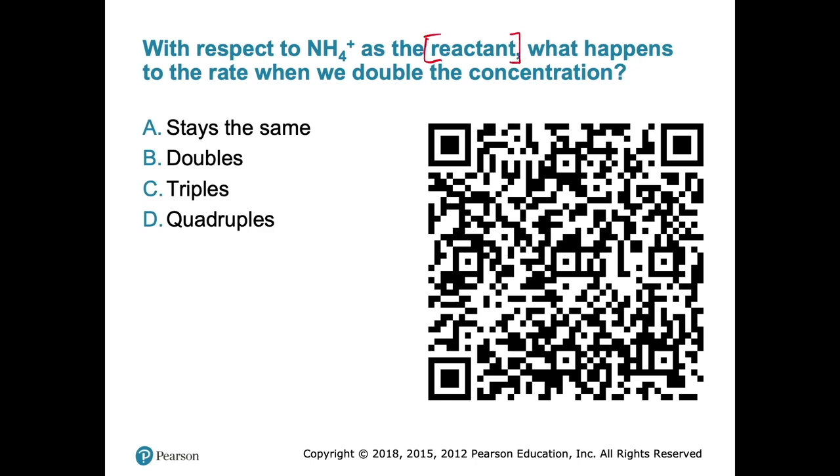I haven't actually combined everybody yet, but it's pretty close actually. Sorry, somehow I messed up that question. With respect to concentration, as the reactant's concentration doubles, what happens to the rate? Oh, I did say that at the bottom there. What happens to the rate when the concentration of ammonia doubles?